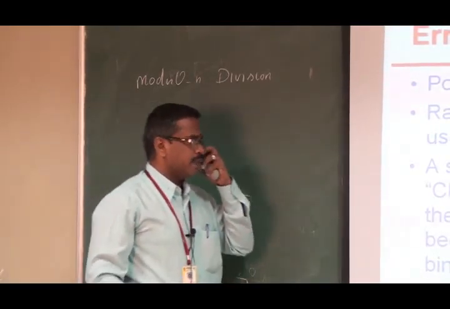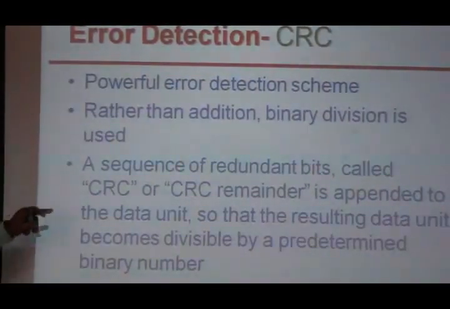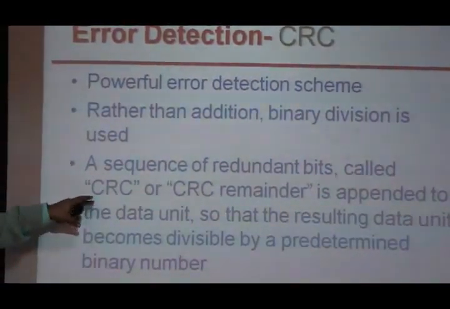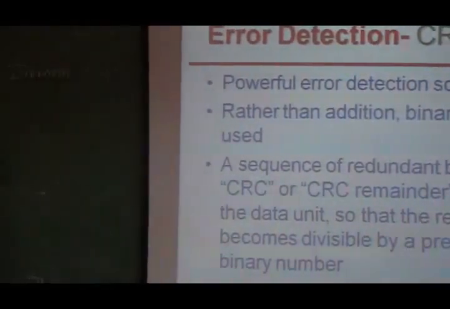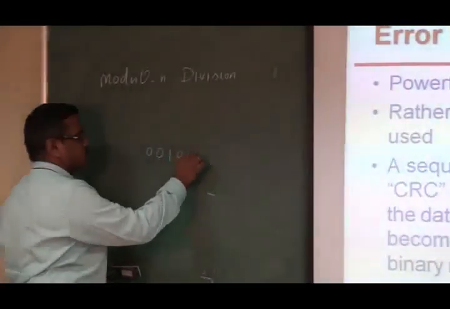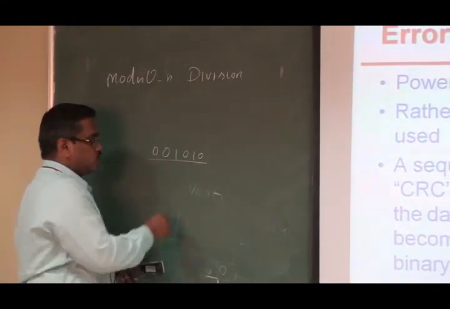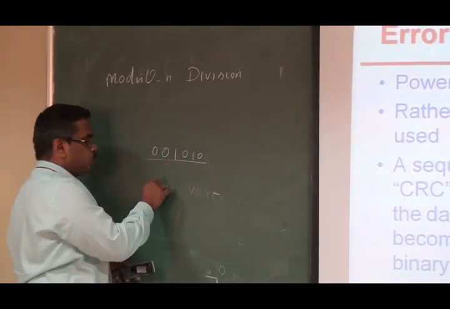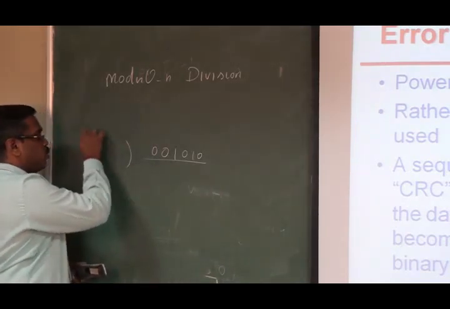So here the sequence of redundant bits is called the CRC or CRC remainder. It means that if the bits we have, 0 0 1 0 1, are the message, this can be generated with the generator, and we have one other thing, a divisor.